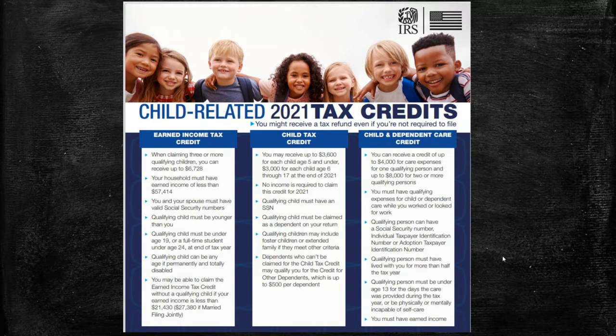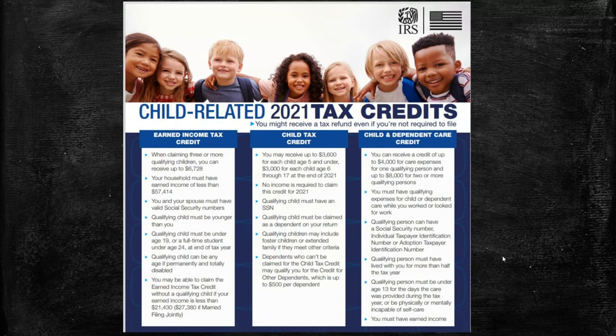So the earned income tax credit is a major one, especially in the VITA program. We deal with a lot of low income situations, so that is a big one. That's been expanded under the American Rescue Plan. You can see what the changes are, some of the eligibility requirements. The child tax credit was the one that was talked about the most.